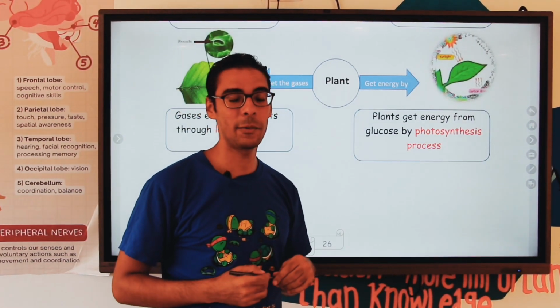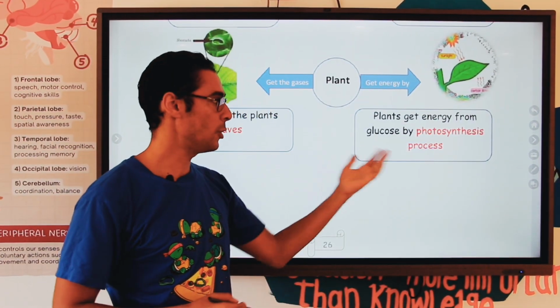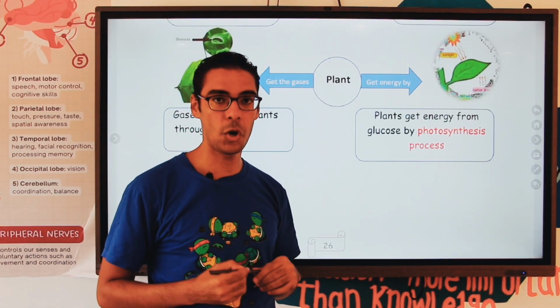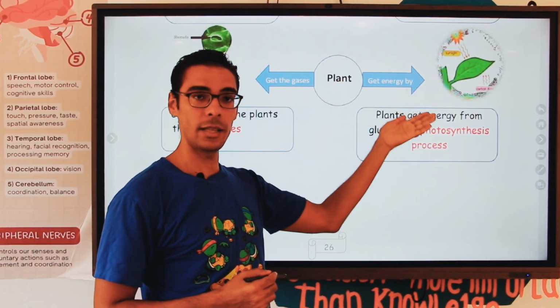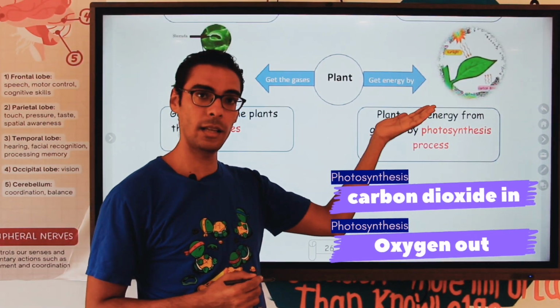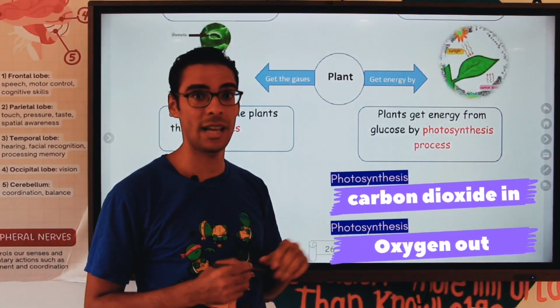How about plants? The first one is photosynthesis that we have studied in the previous videos, through which the plant gets its own food and also releases the oxygen. So the input here in photosynthesis is going to be sunlight, water, and carbon dioxide gas.